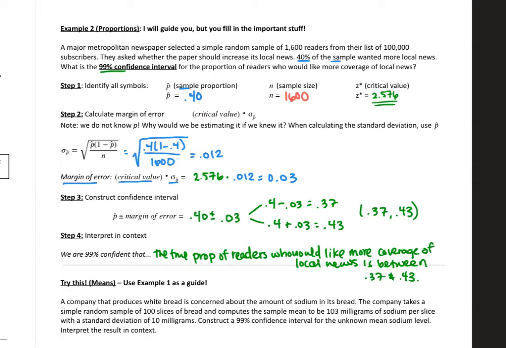So make sure when you're doing proportions, these numbers should always be between 0 and 1. Remember, a negative proportion doesn't make sense, and a proportion greater than 1 doesn't make sense because that would be over 100%.